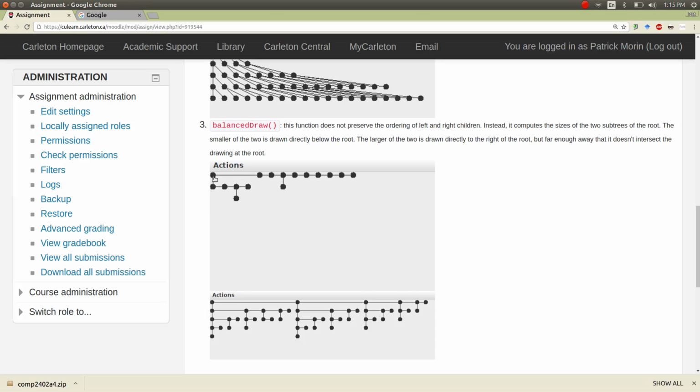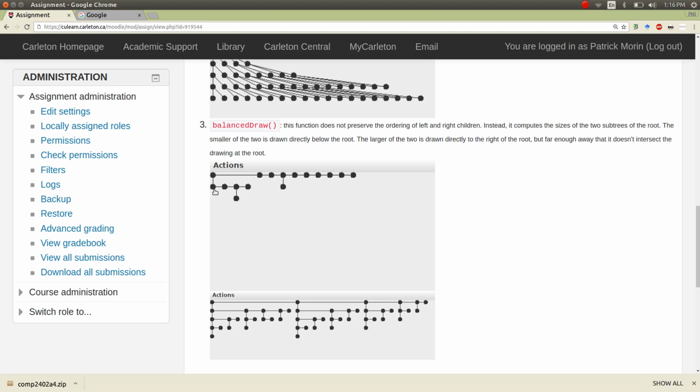So in this picture, this is the root node up on the top left. There's two subtrees. There's a pretty big one over here on the right, and there's a smaller one below. So the smaller subtree gets drawn directly below. The root of that subtree goes directly below the root. You just add 1 to the y-coordinate of the root.